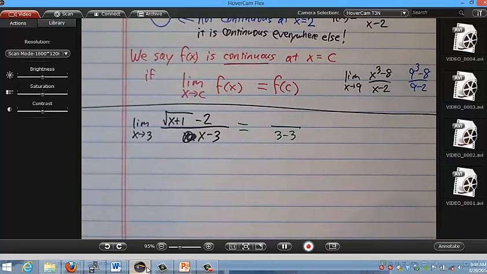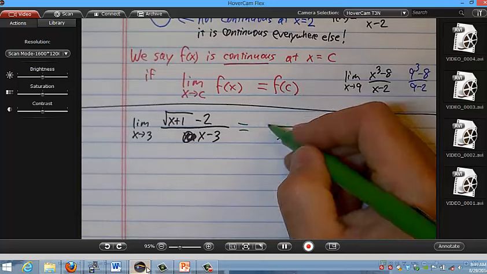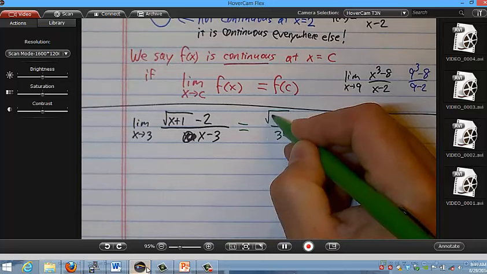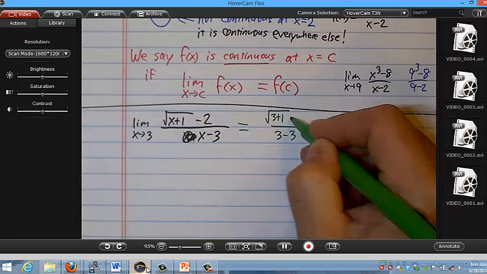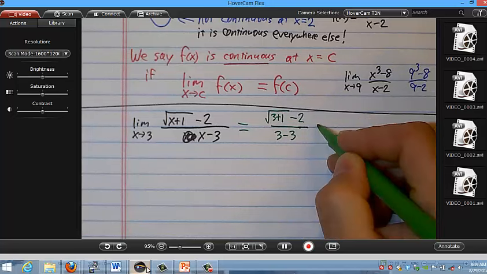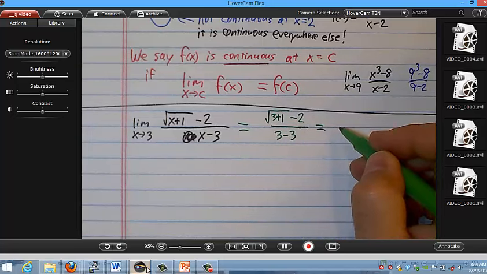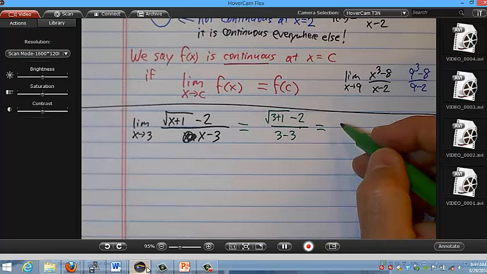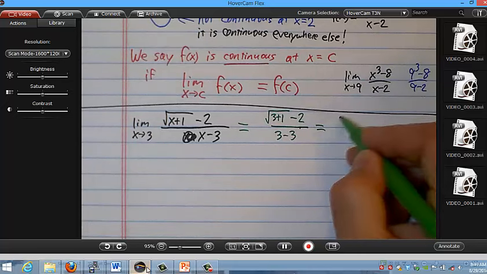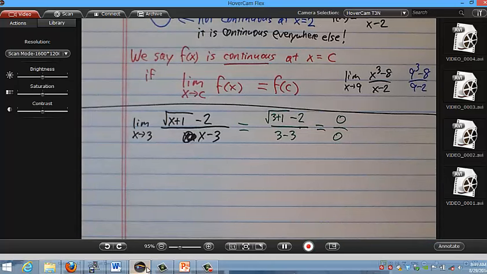But I should also check the numerator. The square root of 3 plus 1 minus 2. What's that give me? Because you get the square root of 4 minus 2. You do get 0 over 0. So we have hope. Maybe there's something I can do algebraically to the function.